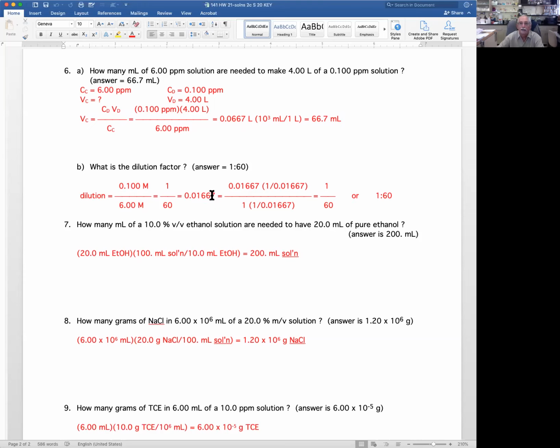But even that can be converted, because that's the same thing as 0.01667 over 1. But what we would like to do is to get the upper number to be a 1. You can't always do that, but we try. So I divide both sides by itself, so I get 1 to 60.